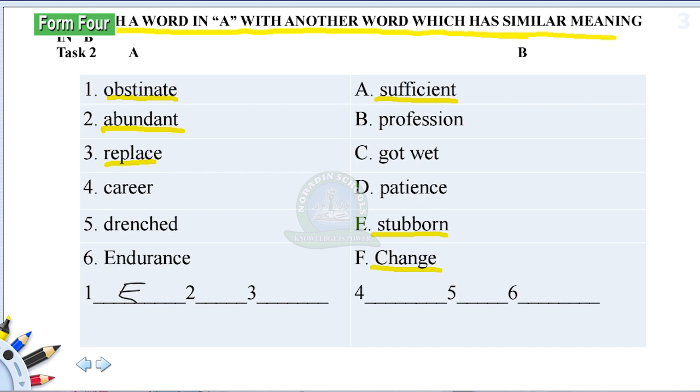So, obstinate, stubborn, E. Abundant, sufficient, number 2, A. Rebellious, number 3, change, F. Career, provision, B. What about drench? Drench, get wet, C. What about endurance? It means patience, D.